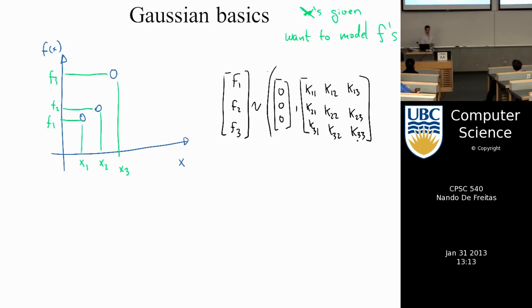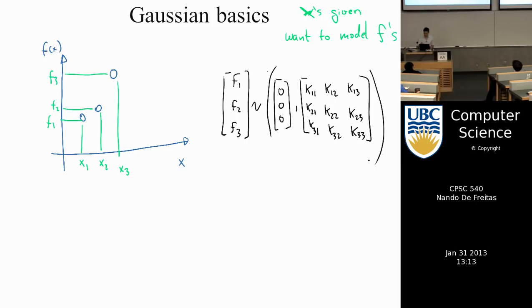Now, that covariance captures the correlation between those 3 points. If you look at those points, x1 and x2 should be somewhat more correlated because they're nearby than x1 and x3.